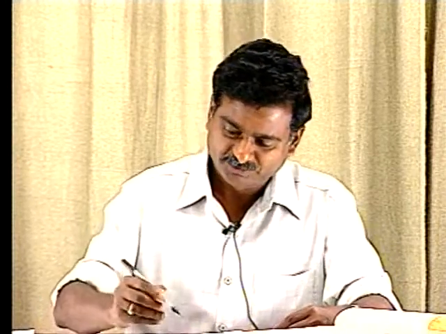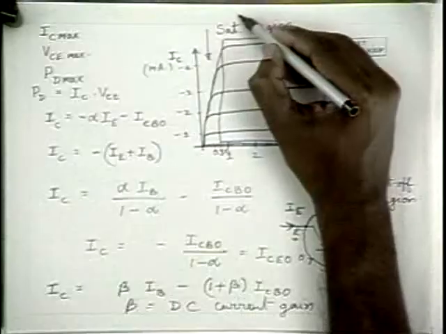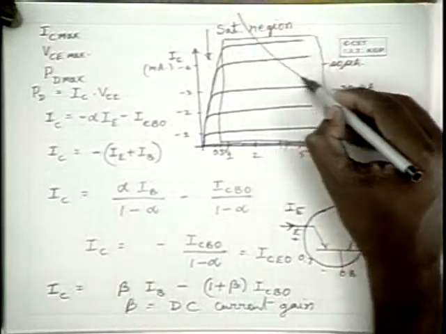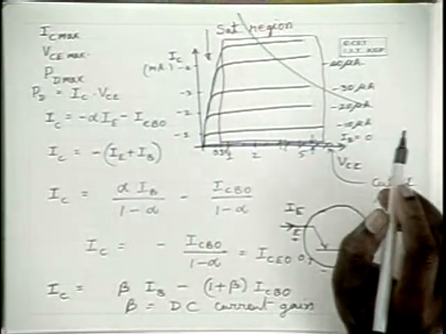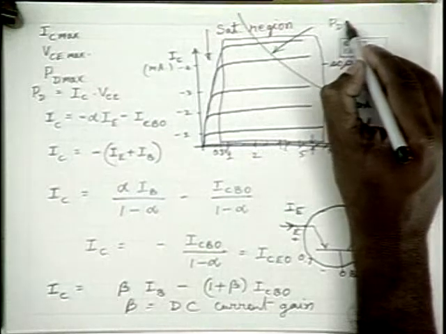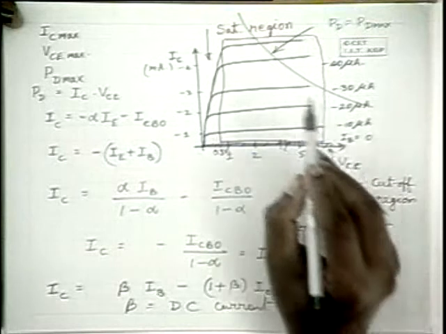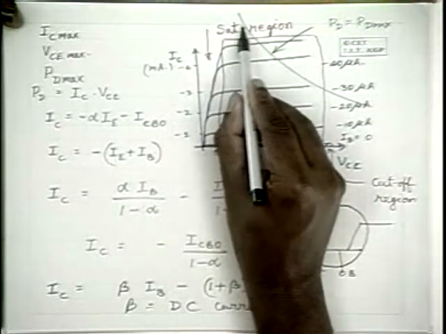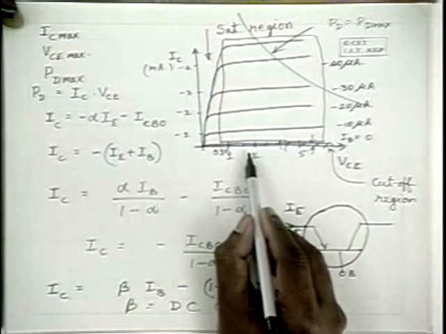Okay. So in the strict sense, if you find out IC into VCE equal to constant, the curve would look like this. A PD equal to constant kind of curve. So if this is, say, the PD equal to PD max curve, that means if you operate the transistor at high collector current, you see that VCE is low.